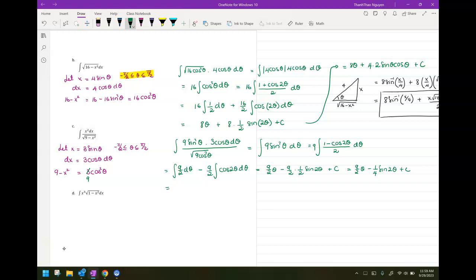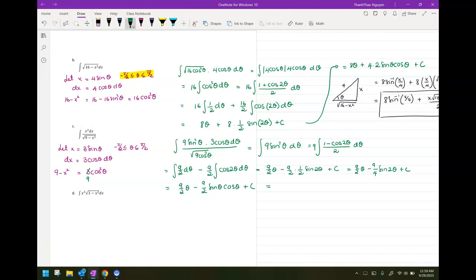So we have to expand this out: 9 over 2 theta minus 9 over 4, excuse me, and this is 9 over 2 sine theta cosine theta plus c.